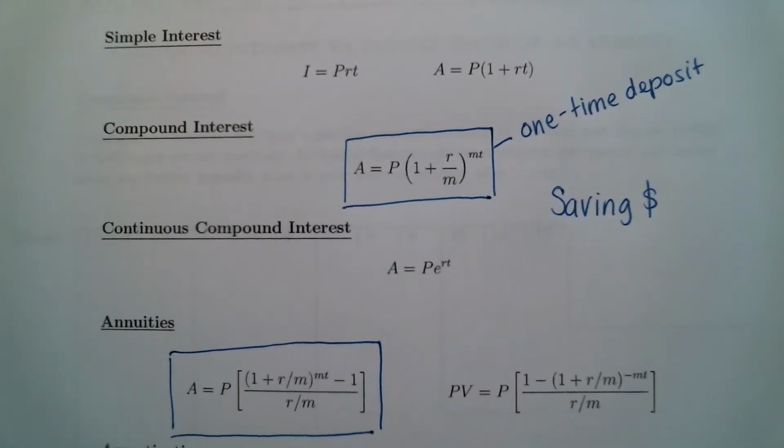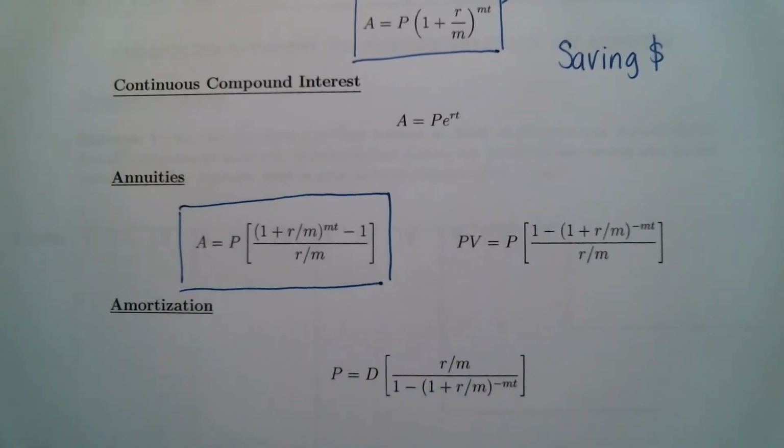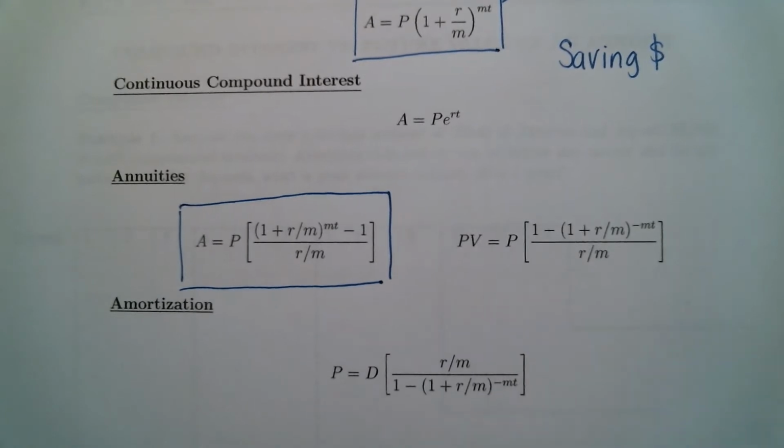It's your original amount plus any interest that has been earned. In the case of an annuity, when you're saving money this way, it is more than just a one-time deposit. You are actually making regular deposits into your account. In both situations, we assume that we don't withdraw any money, so that's important too.